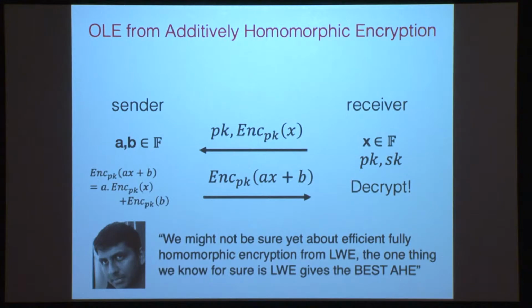And a lot of people are working to make this efficient. But whether or not this is going to be the case, LWE definitely, hands down, gives the best additively homomorphic encryption scheme. And specifically, they have this batching phenomenon to get this throughput for additively homomorphic encryption. And that's what we're going to use.